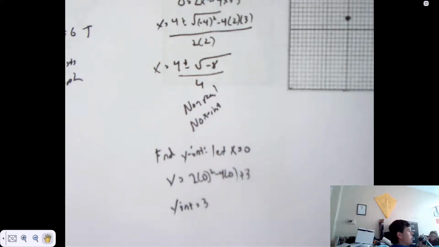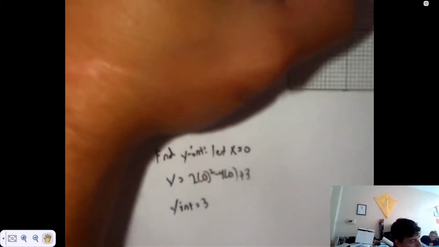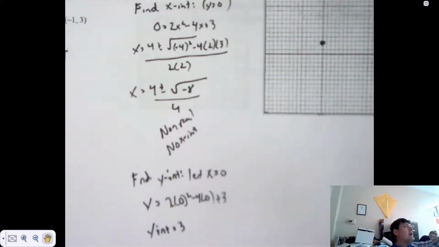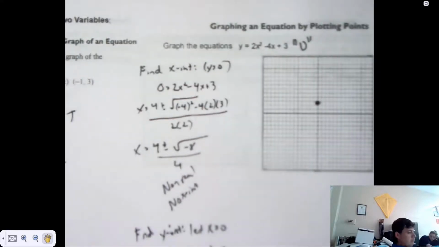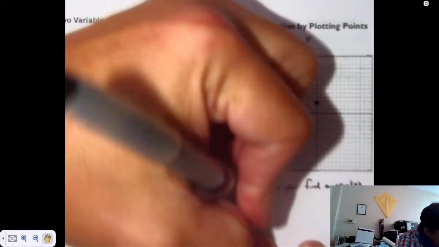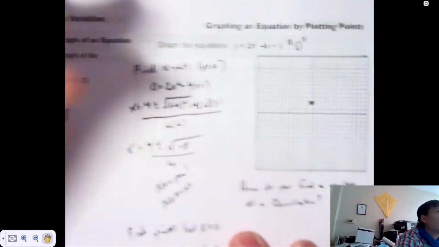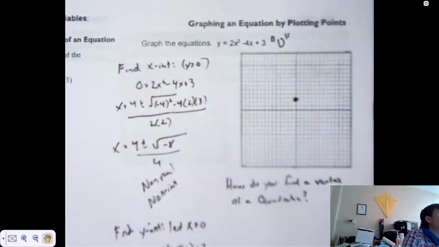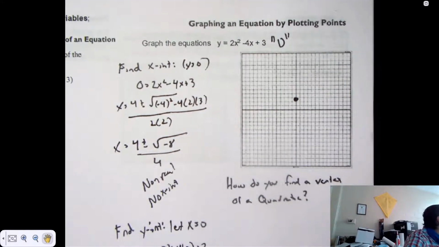Remember what a quadratic looks like? Looks like a U. Now, you are expected to remember this. How do you find a vertex? There's a formula for it.